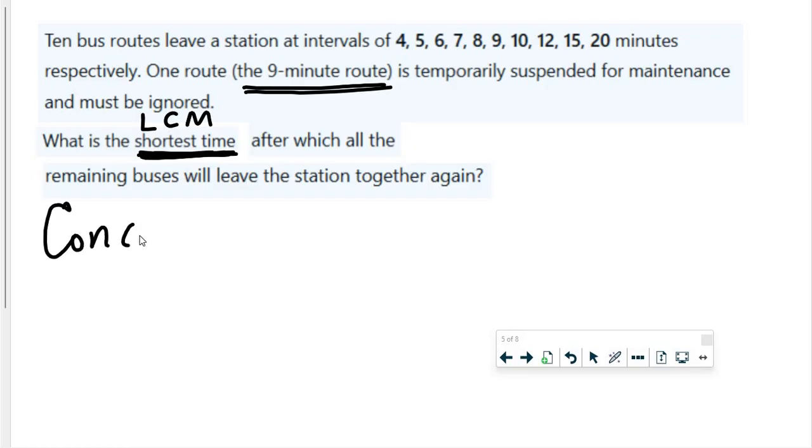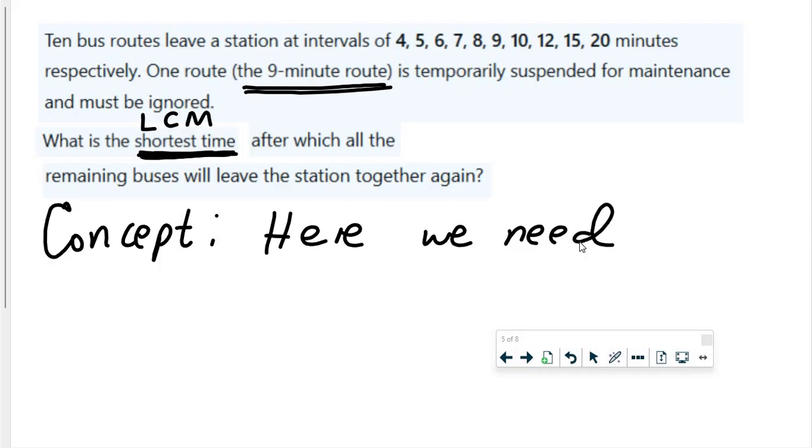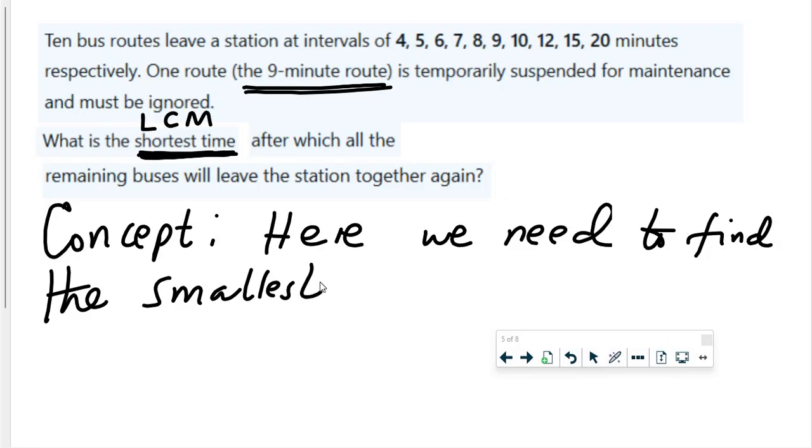So the concept here is this. Here we need to find the smallest number, something like lowest, the smallest number that is a multiple of all the numbers given except the 9-minute route.